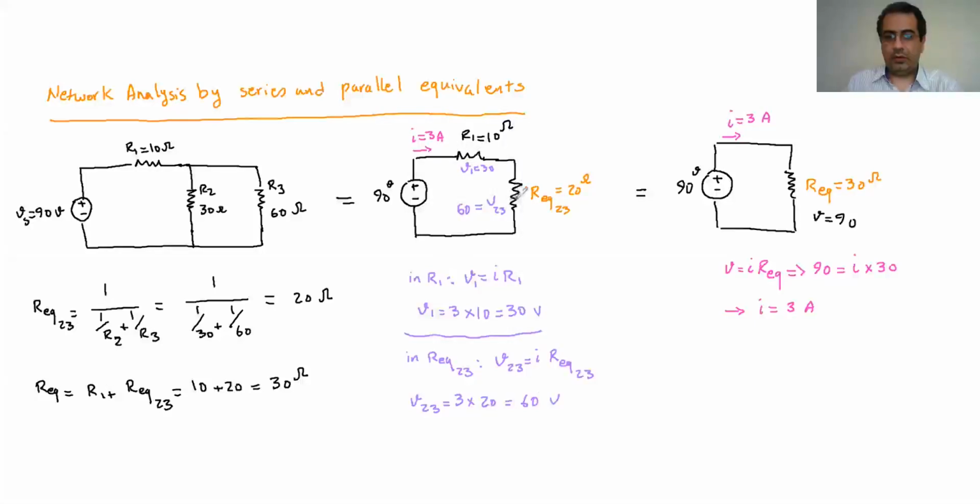So I have the I and voltage in both elements. Now I bring them one step back. If I want to go one step back, the I here is the same. So this is the I, 3 amp. But this I will be divided into I2 and I3.